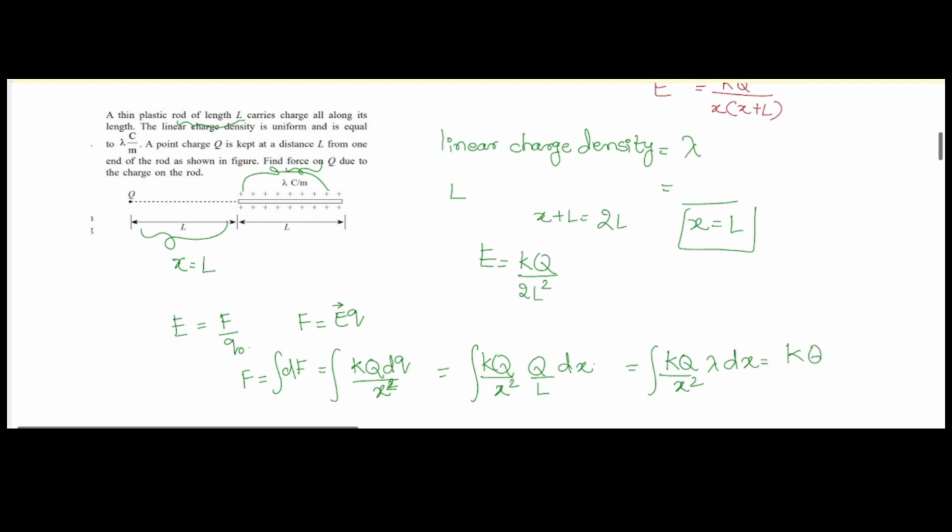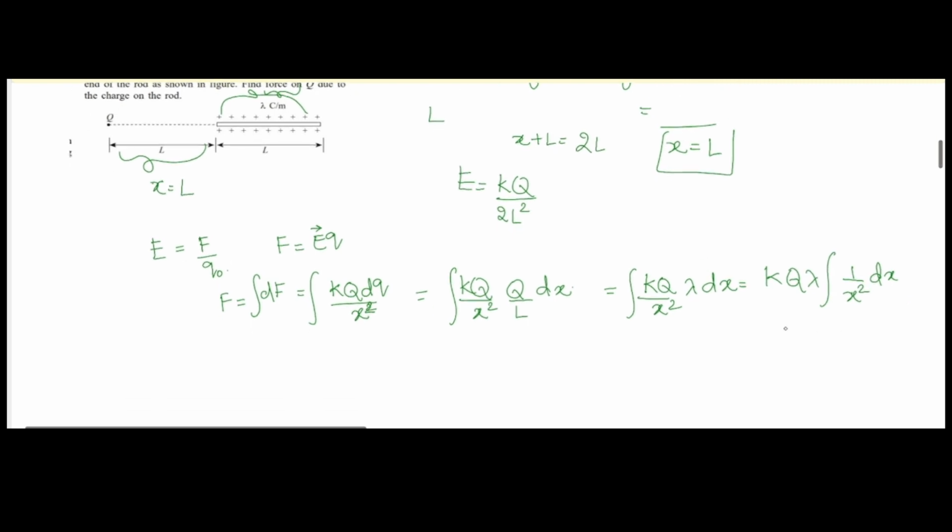K q lambda will be outside, and 1 by x square dx. Here we need to take the limits from 2L to L.